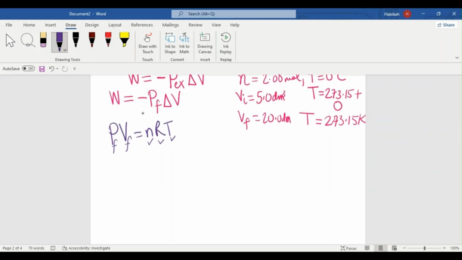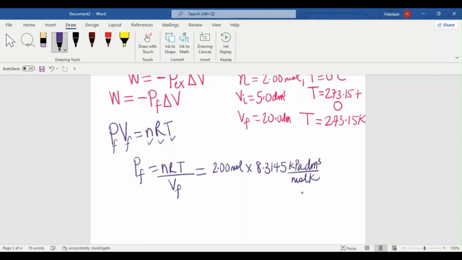So PV equals nRT. That would just be P final equals nRT divided by V final. So that's 2.00 mole times 8.3145, which is simply kilopascal dm cubed per mole Kelvin. This is the gas constant we're going to use.